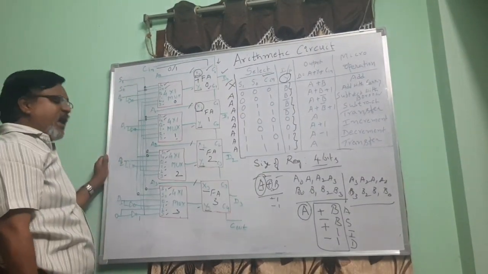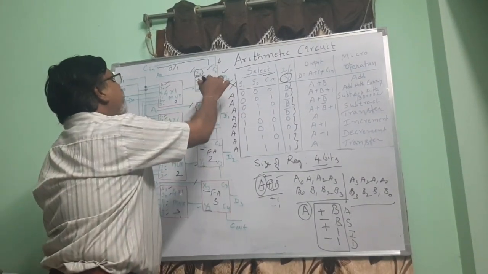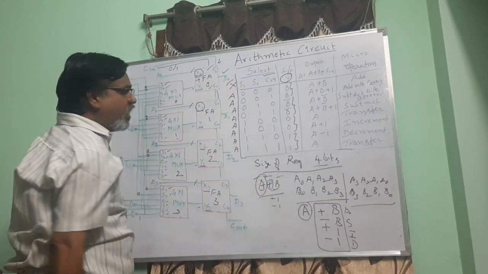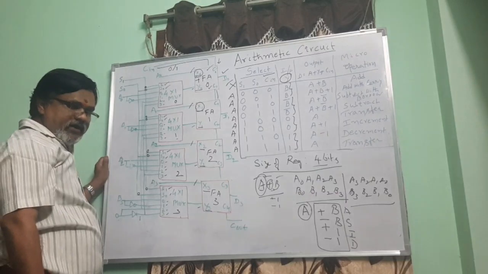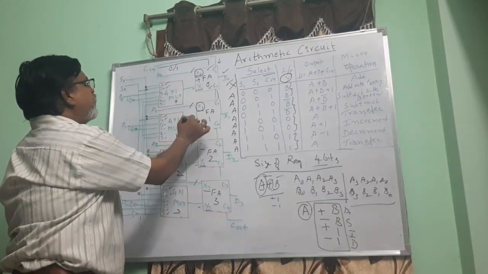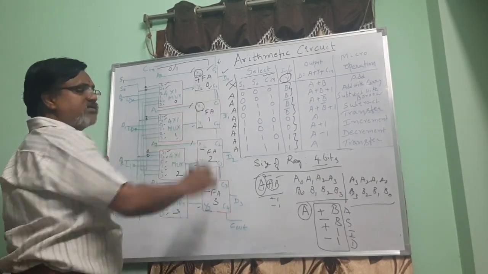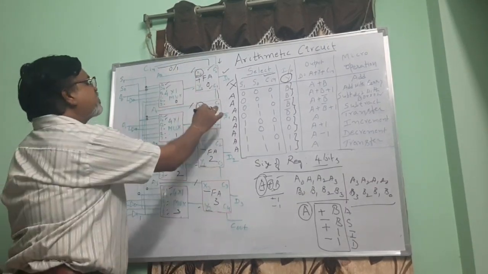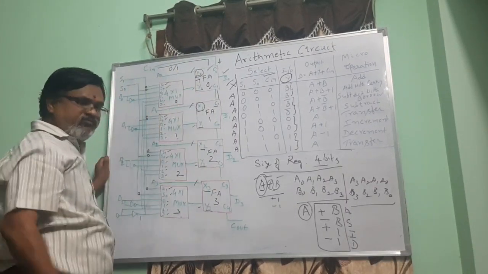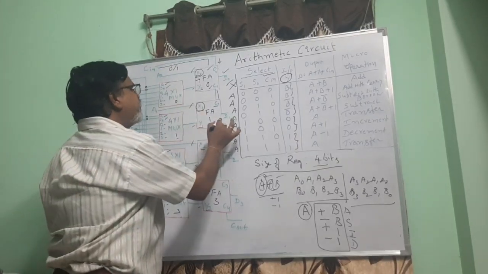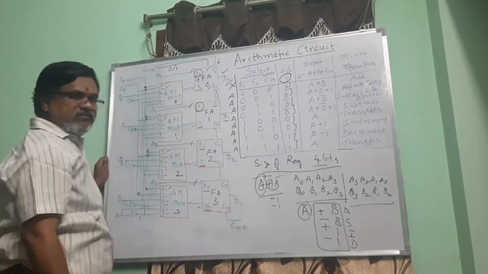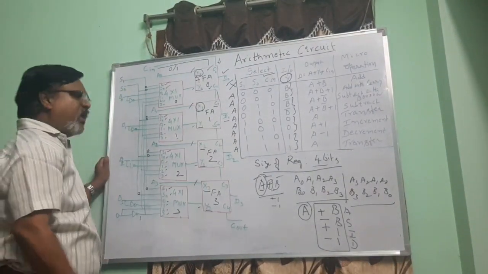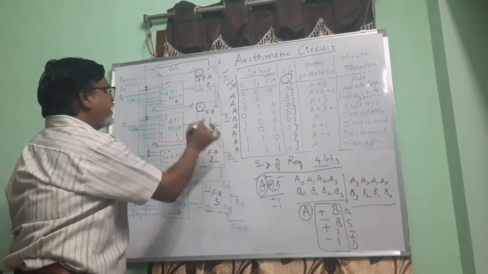This carry bit is directly given as the third input to the next full adder. Here x1 is there, y1 is there. The carry generated from the previous full adder is given as the third input to this full adder, which again gives a sum D1 and a carry C2. Okay, now this carry is transferred like this.